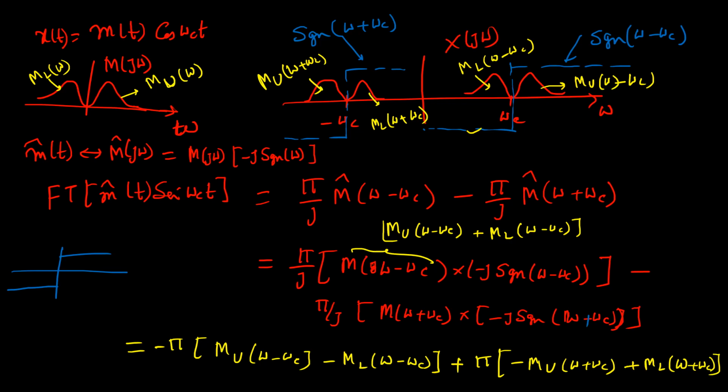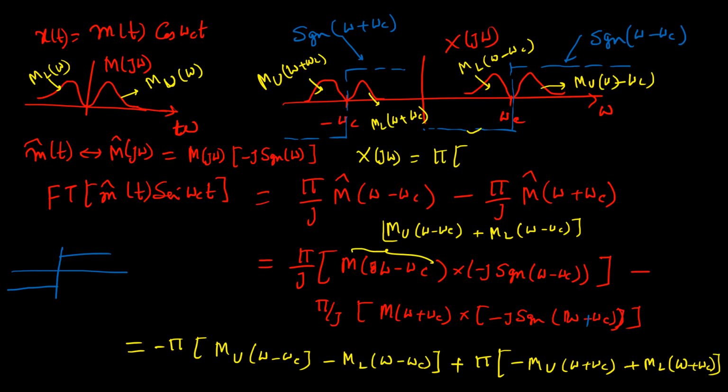So you see in the X of f, simply X of f, meaning m(t) cos omega c t, the Fourier transform of m(t) cos omega c t. I'll write here only, so capital X of j omega. So this is M of omega minus omega c plus pi times. Okay, so this is pi times M of omega minus omega c.